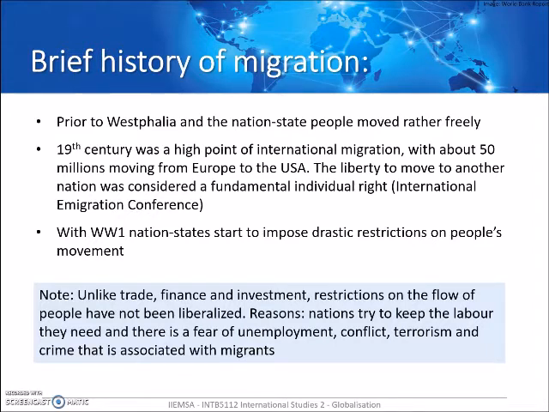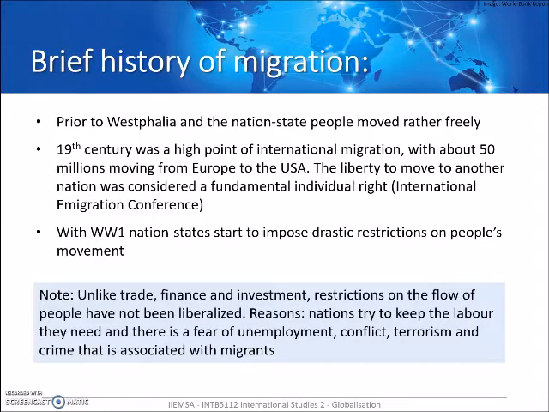And the reasons are quite obvious. Nations try to keep the labor that they need in their own country, and there's obviously also a big fear of unemployment that might come with massive immigration, of potential conflict. There is a fear of terrorism that has grown a lot past 9/11, and also the crime that is associated with migrants. And obviously also to a certain extent, just the fear of a different culture coming in.